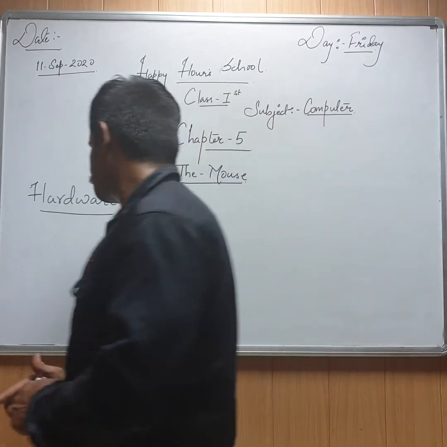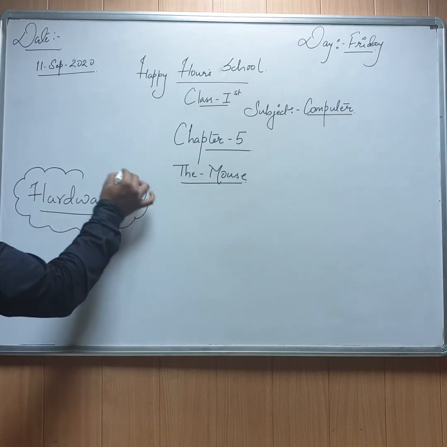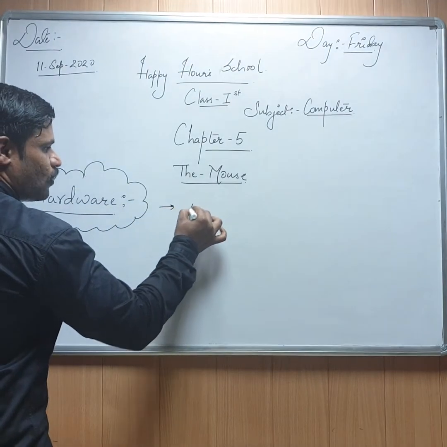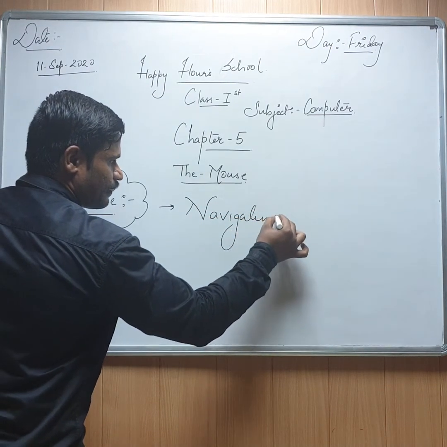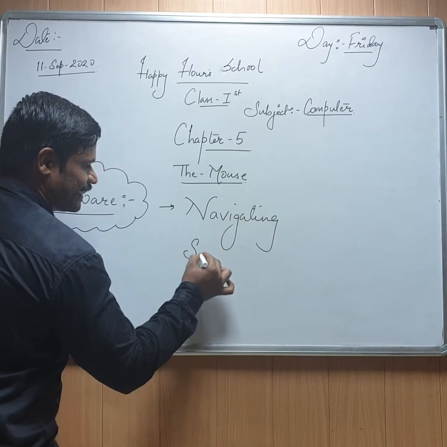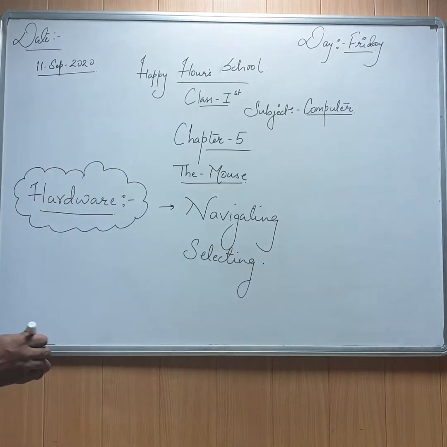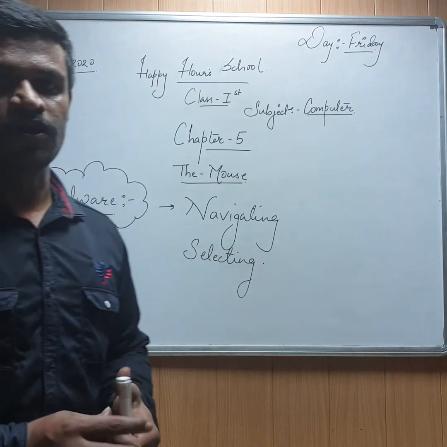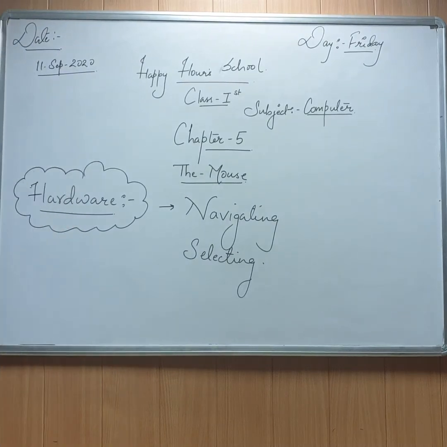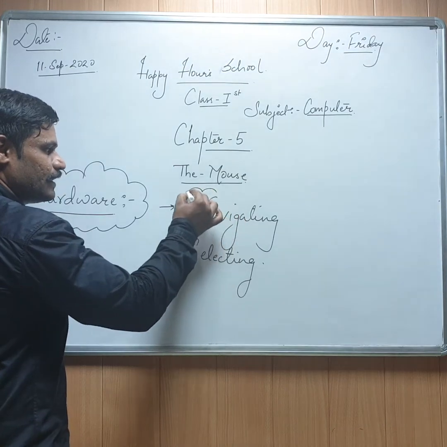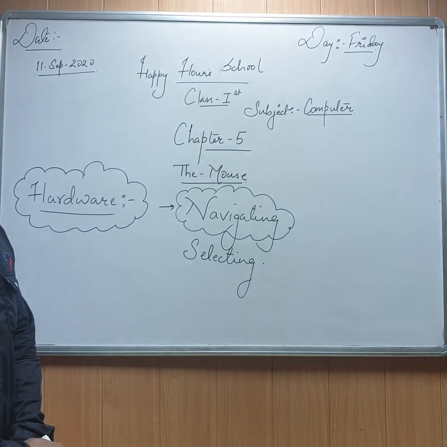A mouse is a hardware which is used for navigating or selecting different items or different things on the computer screen. Now, what does the word navigating or navigation mean?